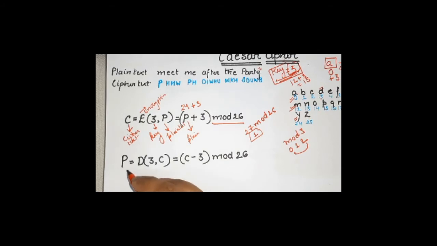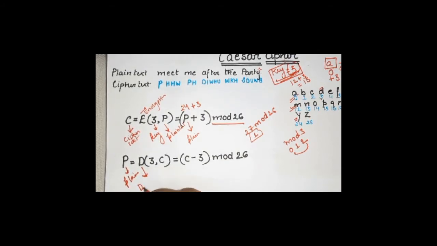So see here, P represents the plain text, D represents decryption here, 3 represents the key value, and C represents the ciphertext. And the formula says, you're going to now minus the 3. Whatever the value of ciphertext is, you're going to minus 3 from it and then perform mod 26 to it. Simple.